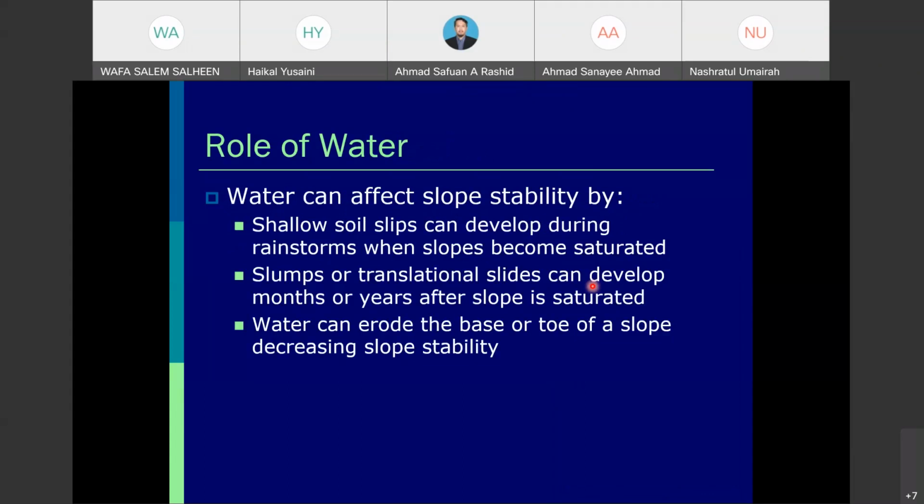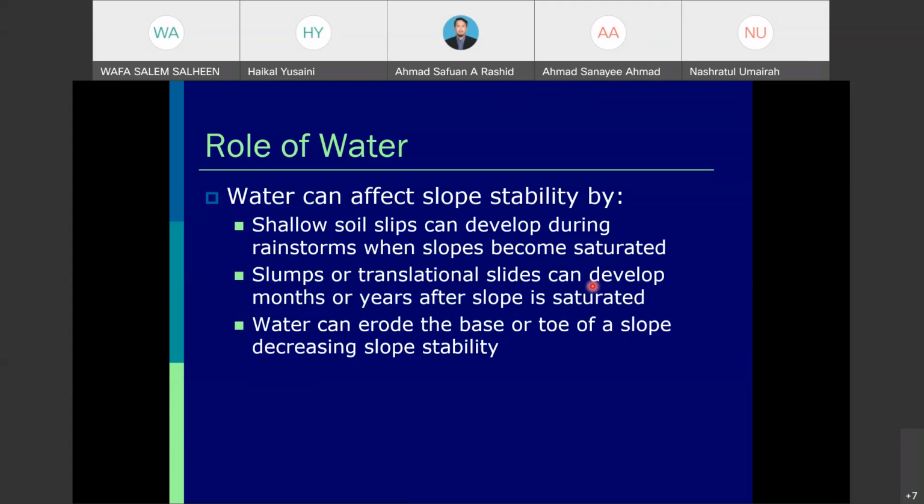So the amount of water should be controlled, because water contributes to the driving force, as it has its own weight, where the unit weight of water is 10.